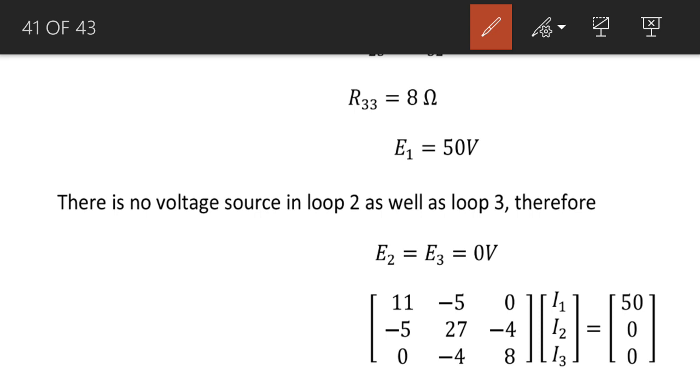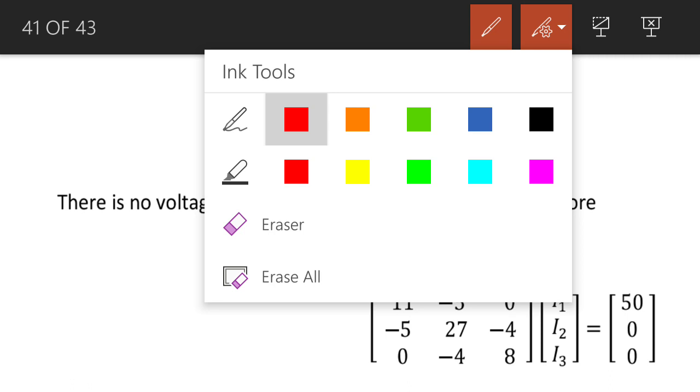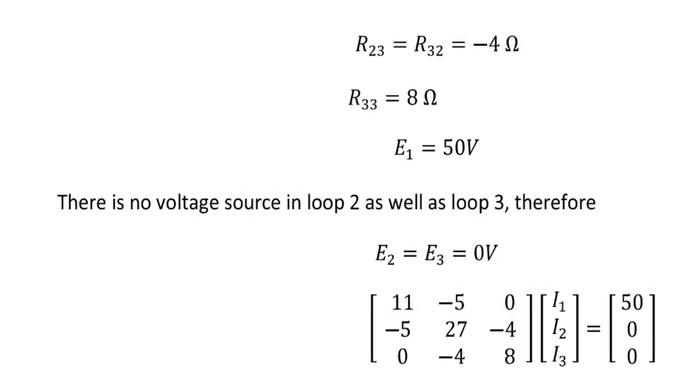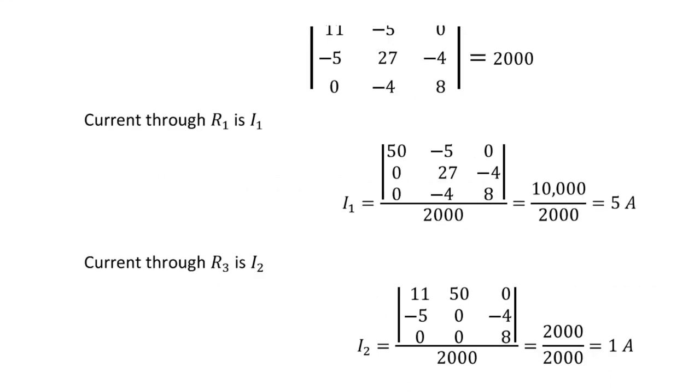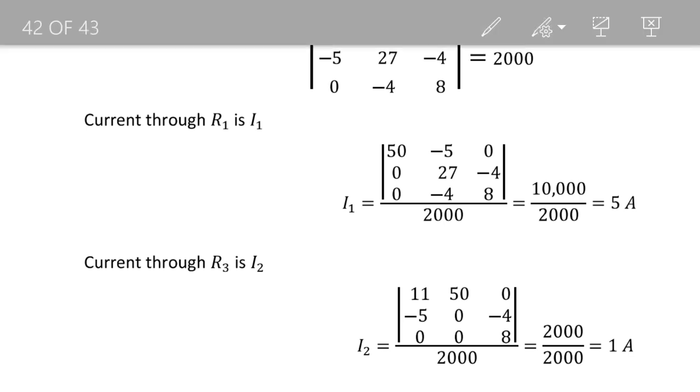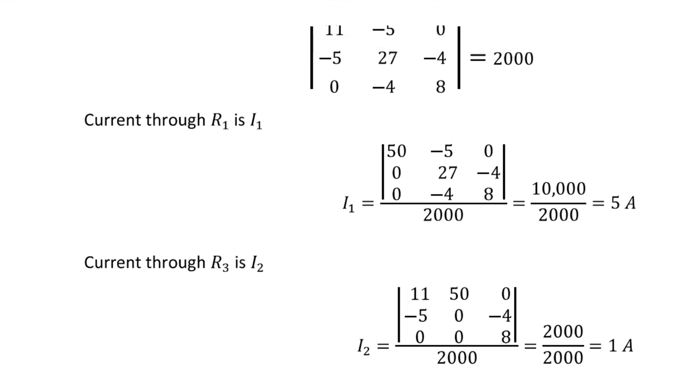We apply Cramer's rule and we find out the loop currents I1, I2 and I3, and these are the required currents. So what we do, we find out the determinant of the R matrix first. So the determinant of the R matrix is 2000, right?